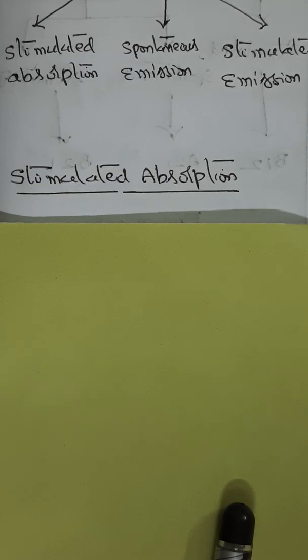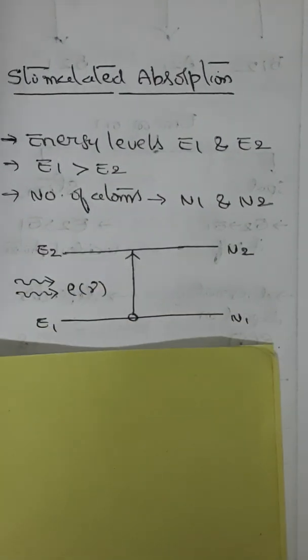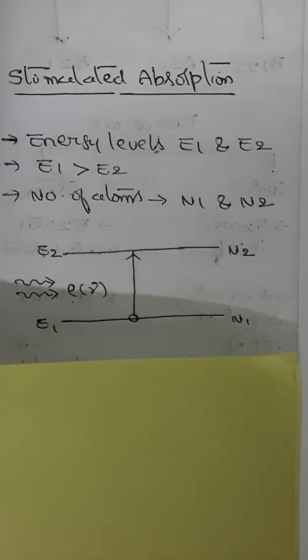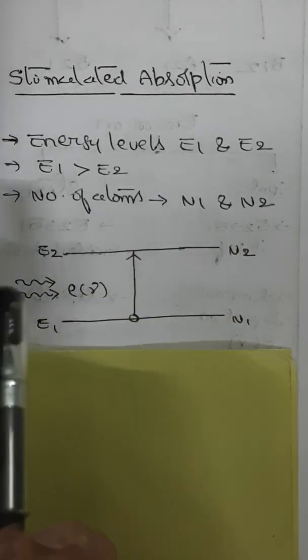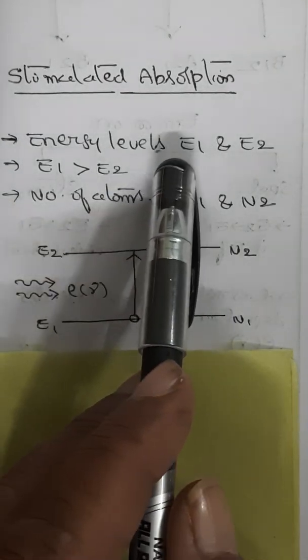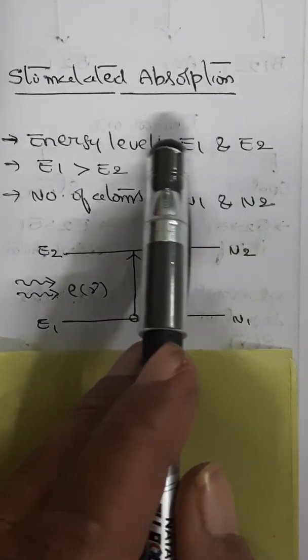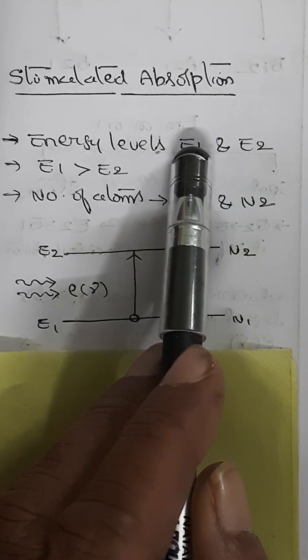The first one we will focus on is what is known as stimulated absorption. So, let us understand the basic things like this. Consider two energy levels, each having an energy of E1 and E2. Energy level 1 is having an energy E1.